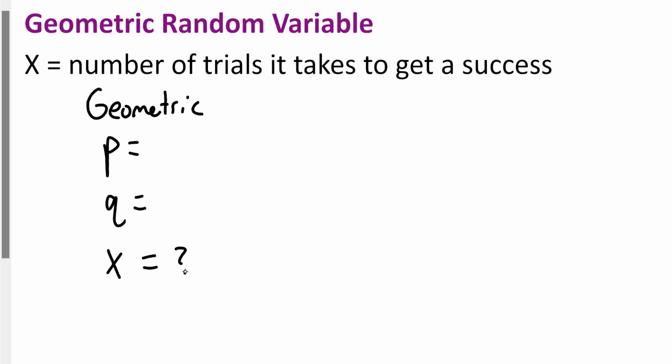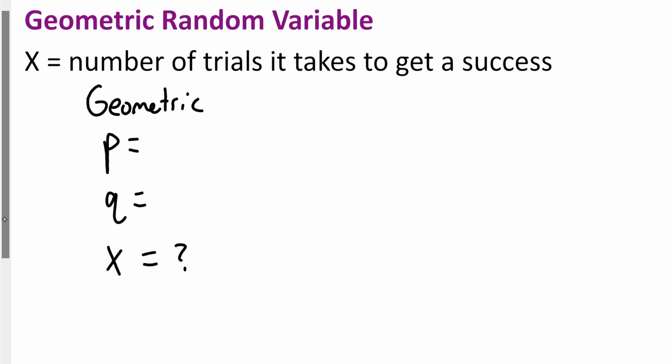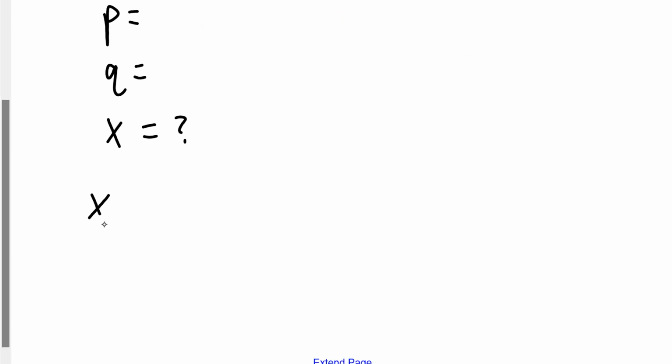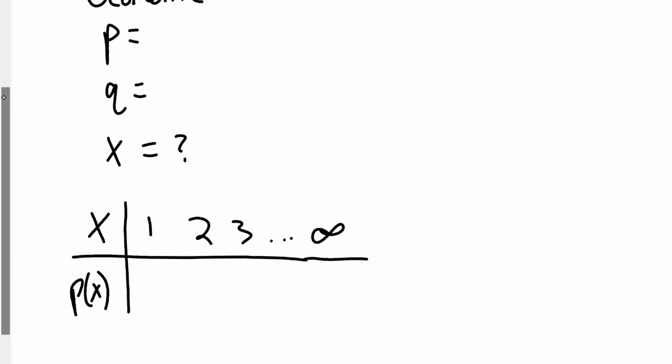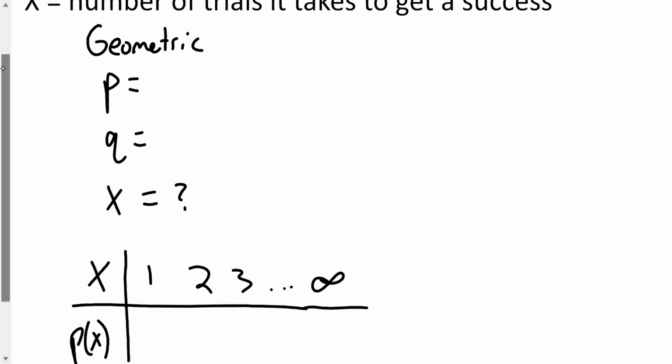Ultimately, it is considered a discrete probability. If we were to write it out, we could say we have the probability of X at 1, 2, 3, all the way to infinity, which means it's always going to be skewed right, because it's always going to be continuing on to the right forever. A couple notes. There is a formula for this, which is kind of like what we just did.